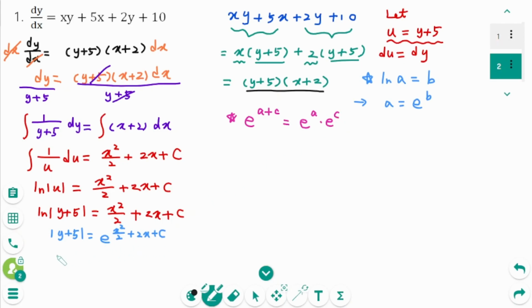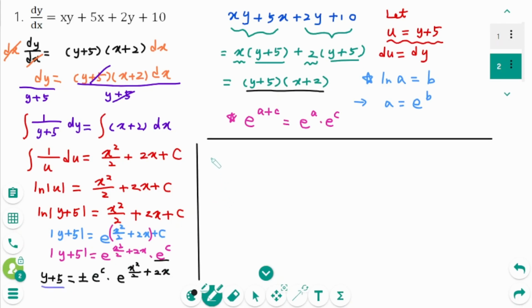Here, absolute value of y plus 5 equals e to the power of a plus c, we can rewrite as e to the power of a part times e to the power of c. Then y plus 5 equals plus minus e to the power of c times e to the power of x squared over 2 plus 2x.